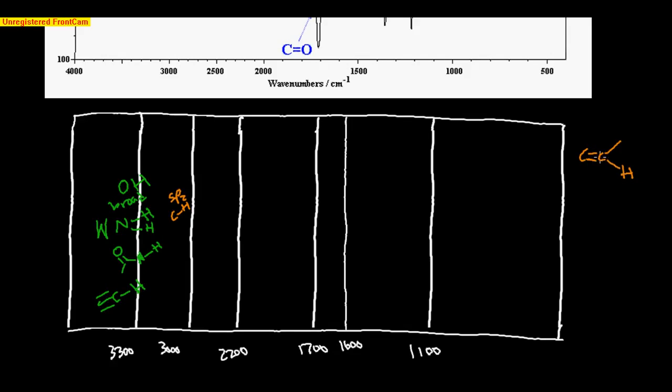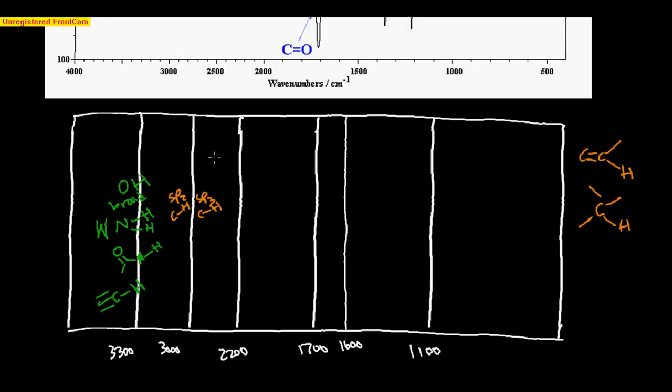So this stretch right here off of this sp2 hybridized carbon would be an sp2 C-H stretch. That will show up to the left of 3000. The sp3 C-H stretch is just to the right. So sp3 would be, of course, this stretch right here.